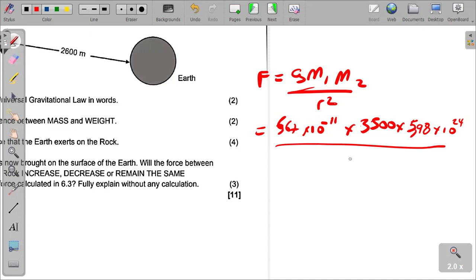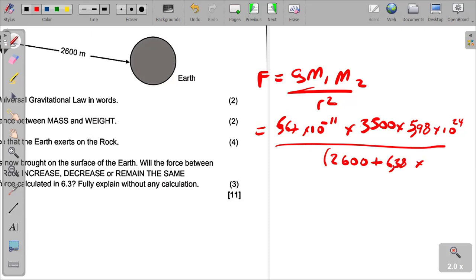Now we have the distance 2,600 to the surface of the planet Earth. However, it must be to the center of the Earth, because according to the universal law of gravitation, it is the square of the distance between the centers. So we need to add the radius of the Earth, which is 6.38 times 10 to the power of 5.